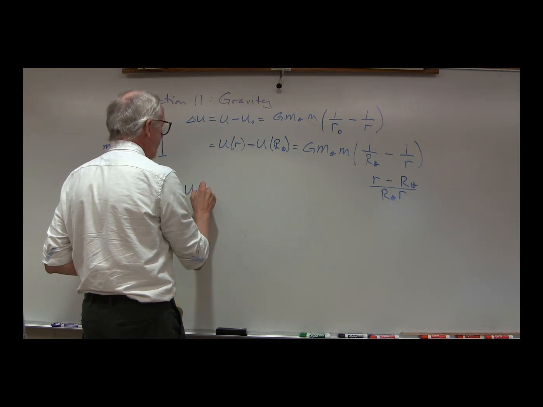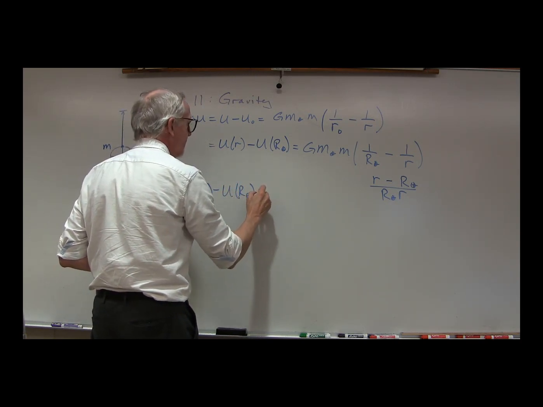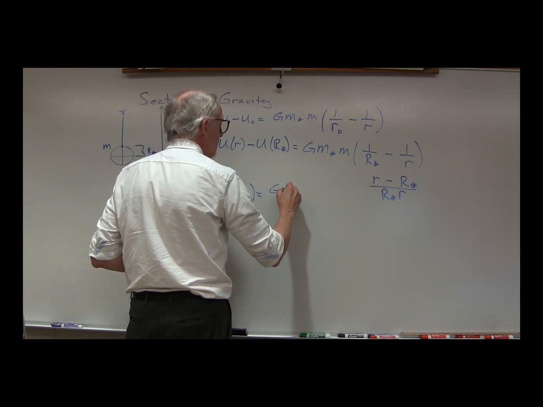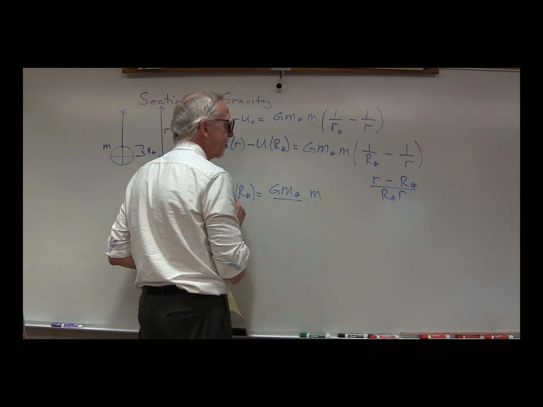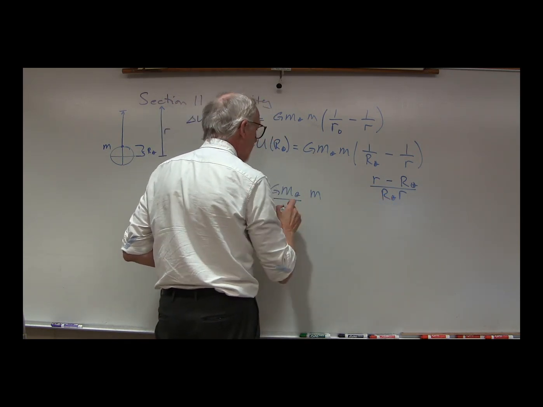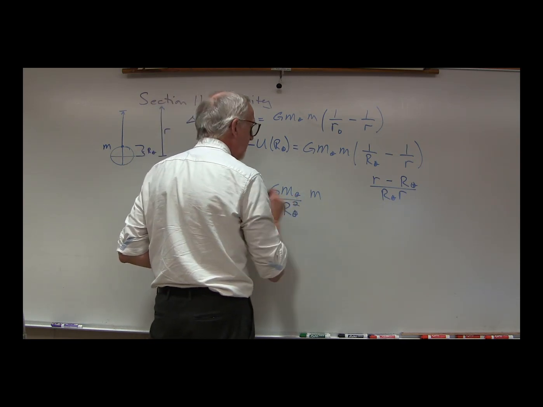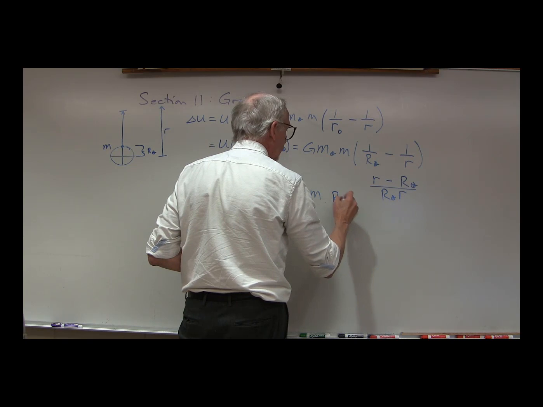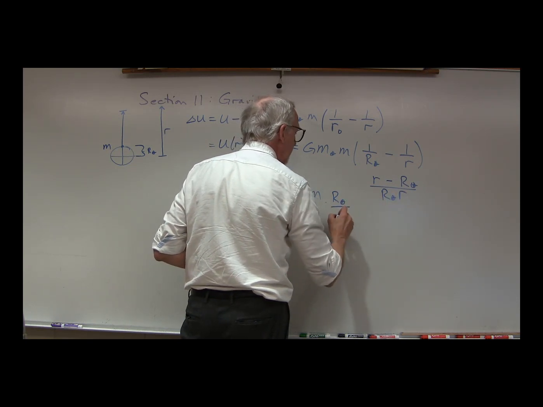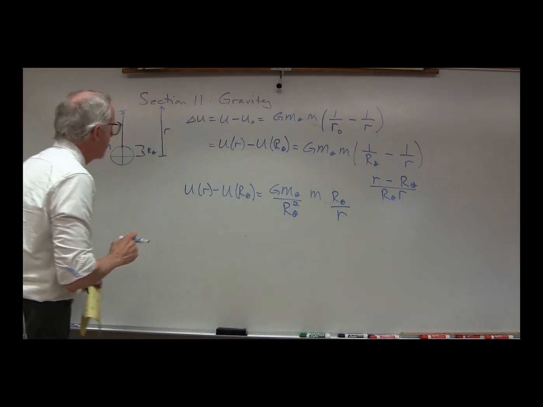We have U at r minus U at r Earth is equal to G mass Earth times mass of the object over, let's factor out this r Earth, and actually let's factor out one more. So I'll make it r Earth squared and put in another factor of r Earth in the numerator. Bring out this r. And then what is r minus r Earth?